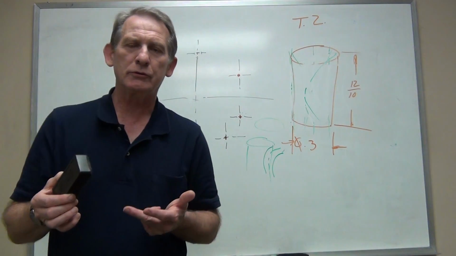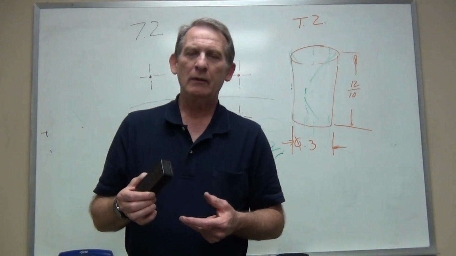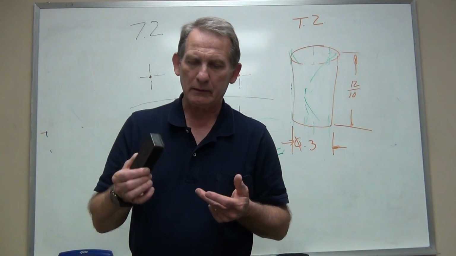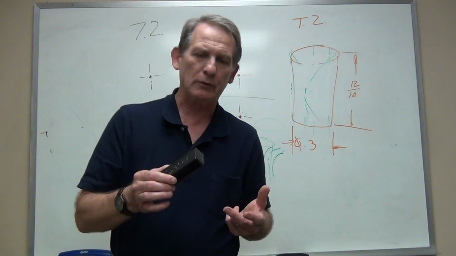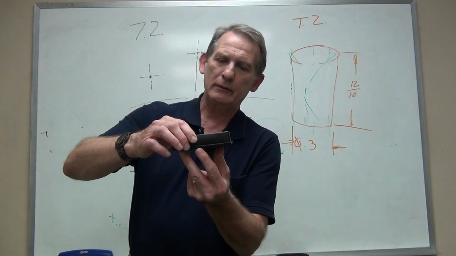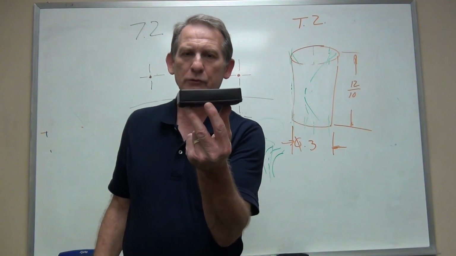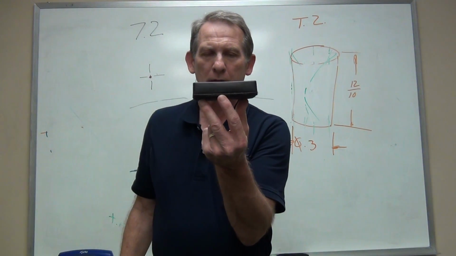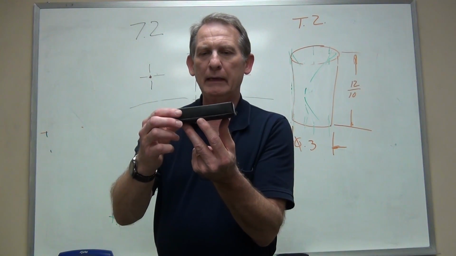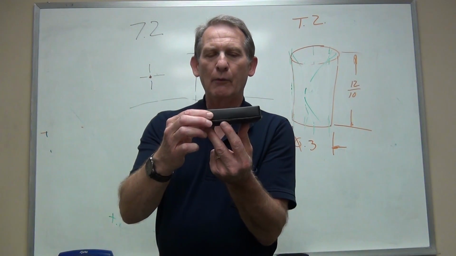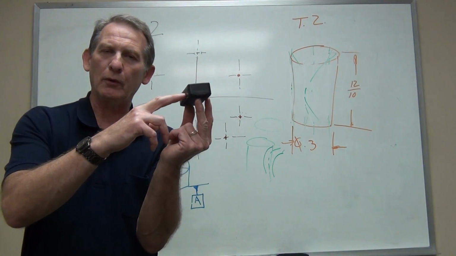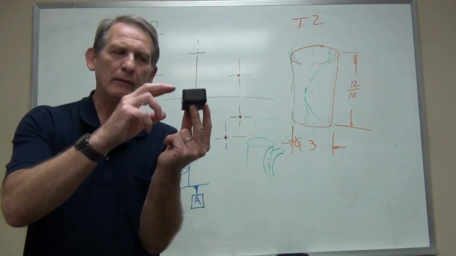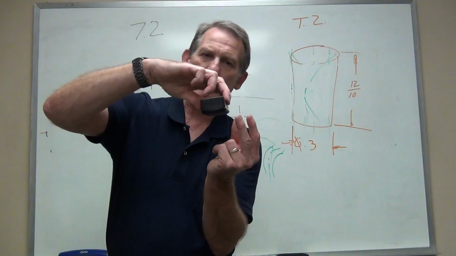I'm going to use 3 datums to control all the degrees of freedom, the rotational and the translational. I'll put it on 3 points for datum A. Datum B, I will force the part to touch 2 points so that now I can't translate this way anymore.